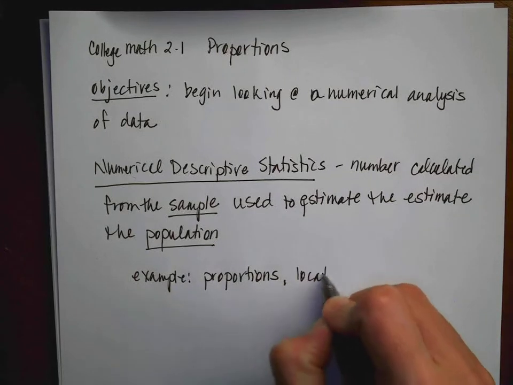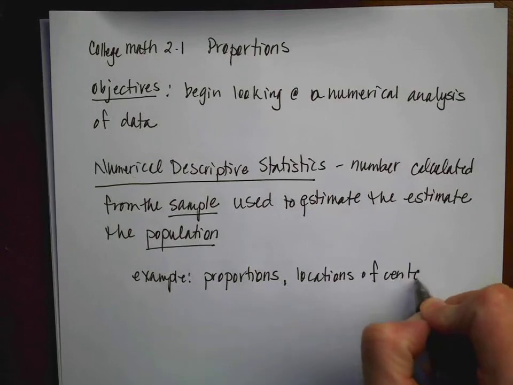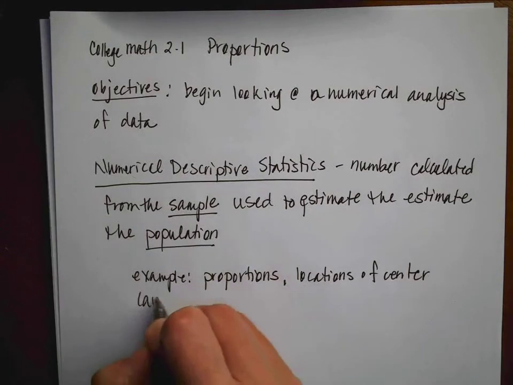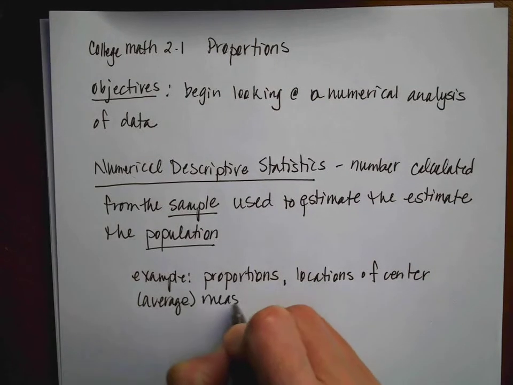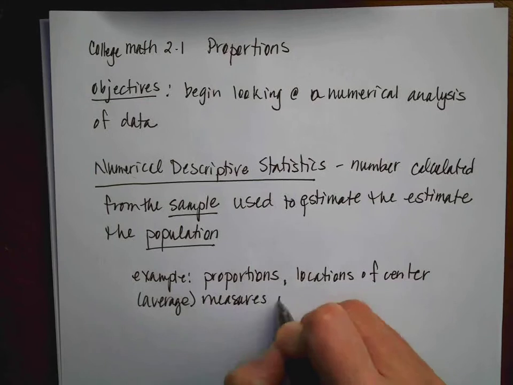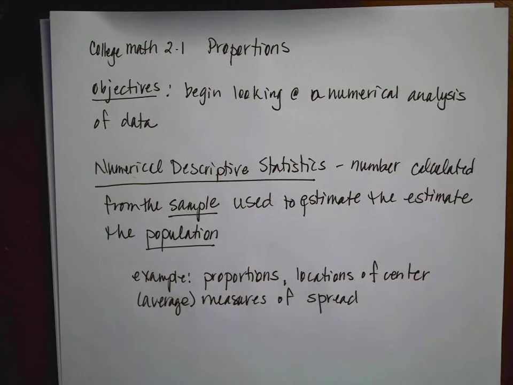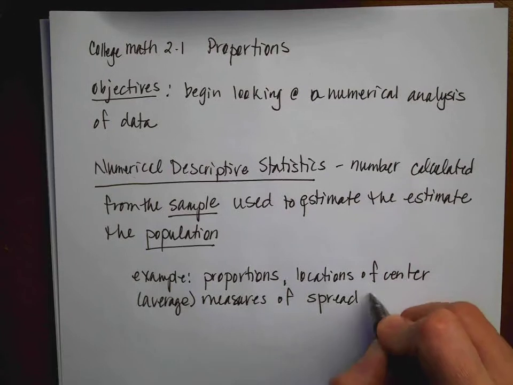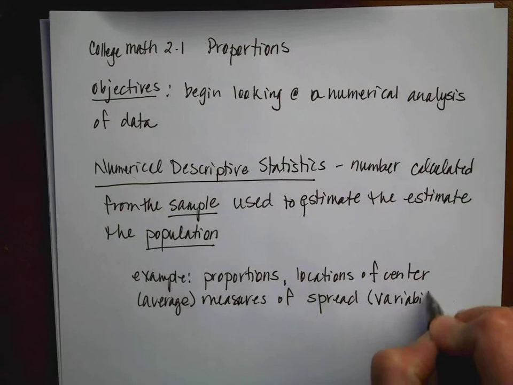Proportions, locations of center, which means we're going to be looking at the average of the data. Okay, we're going to be looking at measures of spread. So 2.1 is just really an introduction into much of the rest of the chapter. And measures of spread are going to be called variability.